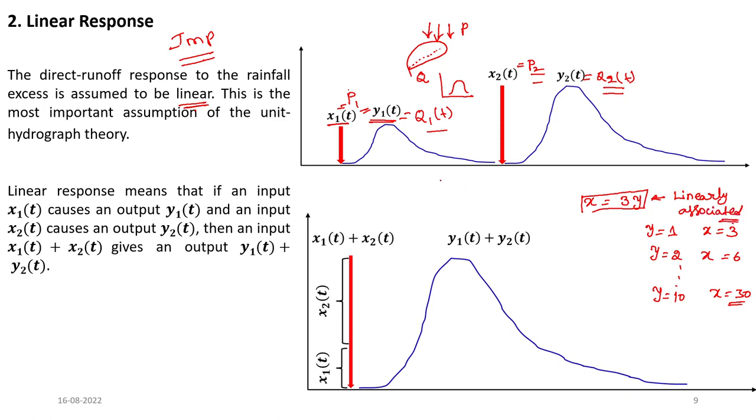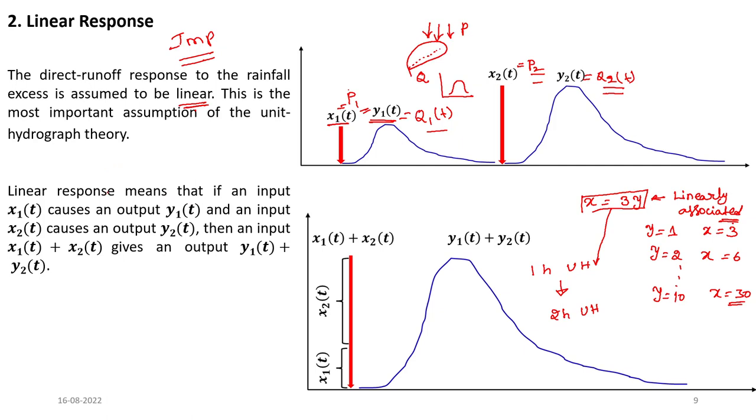This makes it easy to calculate the unit hydrograph. If we know the 1 hour UH, how can we calculate the 2 hour UH? It is because of this linear assumption only, so you will get a clear picture while solving the question.